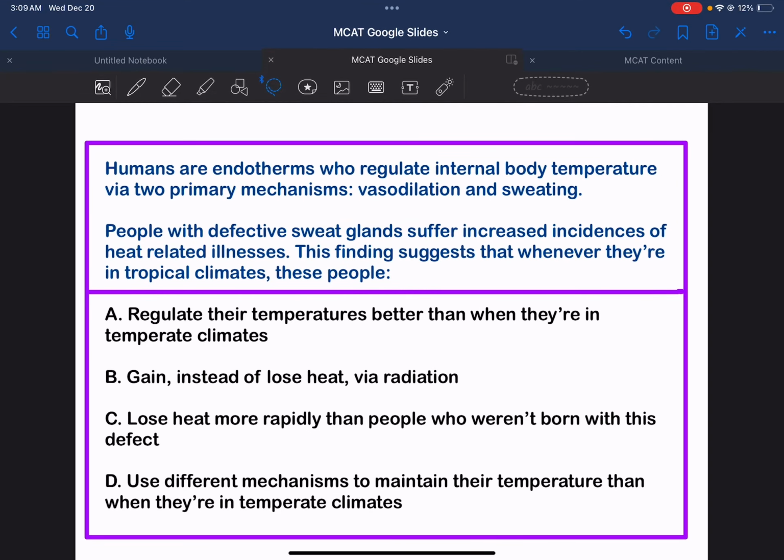Okay, so you will get these kind of questions on the test. I just gave you a little snippet of what a passage might look like and the question they'll ask you relating to that passage.